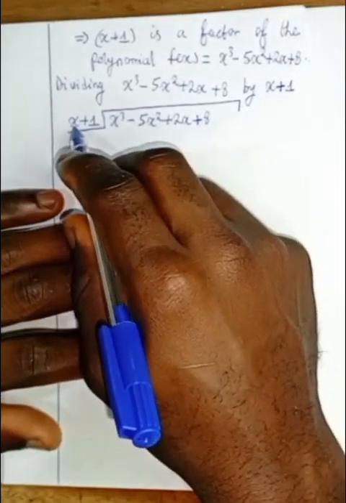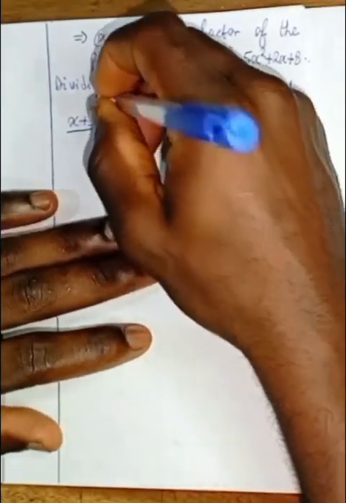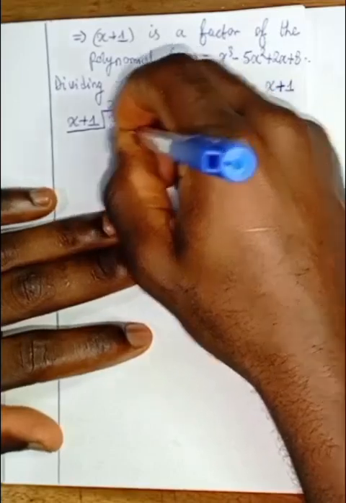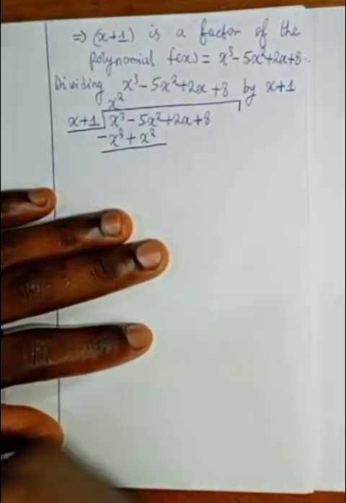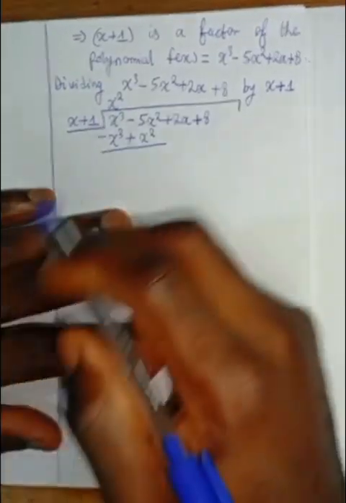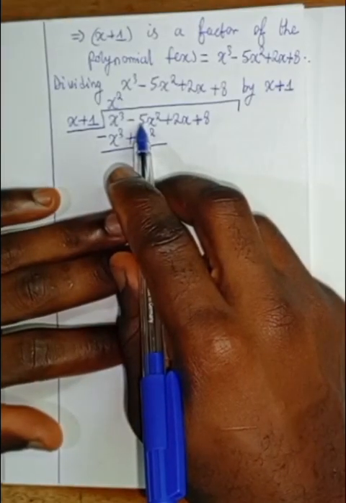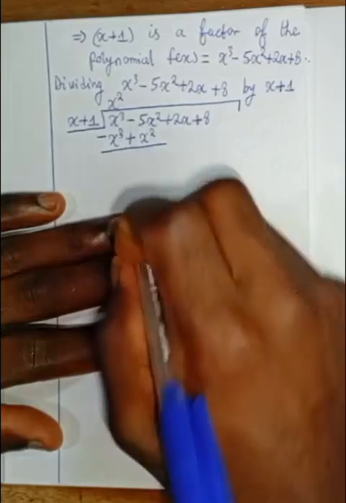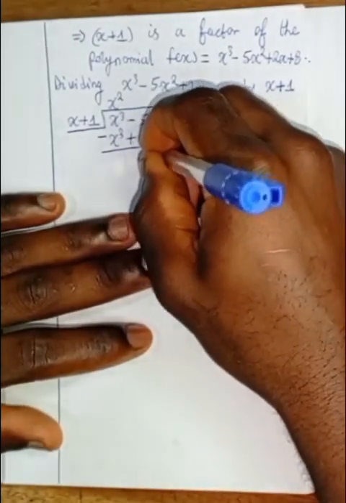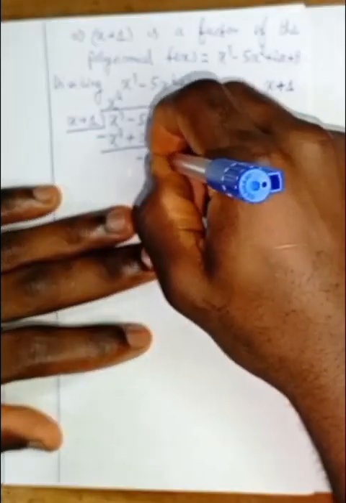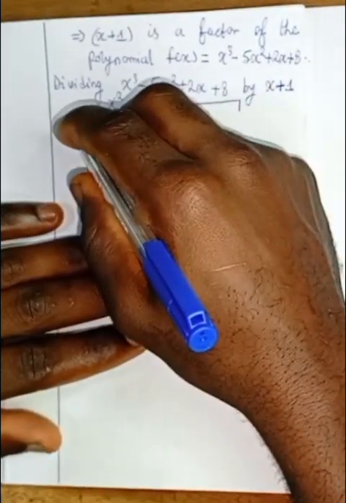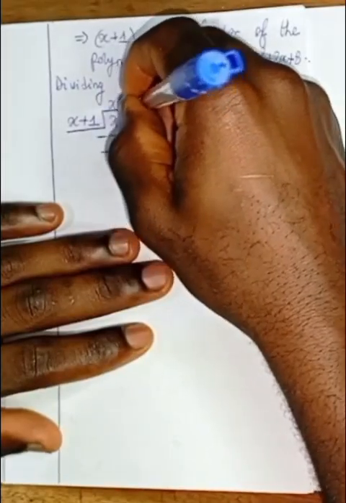x cubed divided by x gives us x squared. x squared times x gives x cubed. x squared times 1 gives us plus x squared. Then we subtract. x cubed minus x cubed gives 0. Negative 5x squared minus x squared gives us negative 6x squared. If we bring down plus 2x, negative 6x squared divided by x gives us negative 6x.